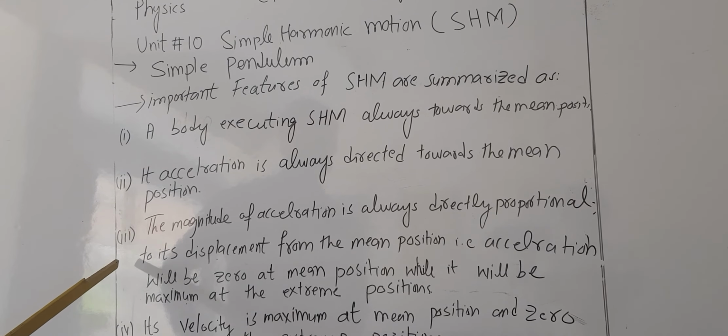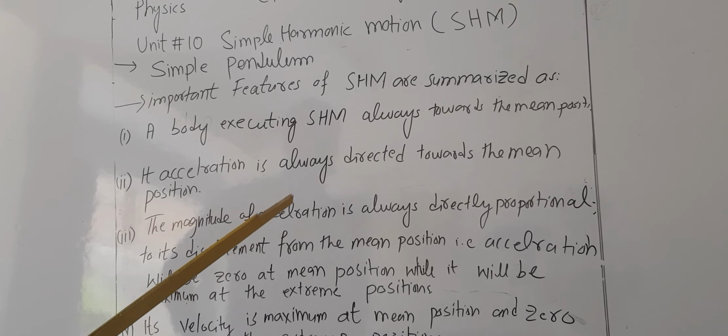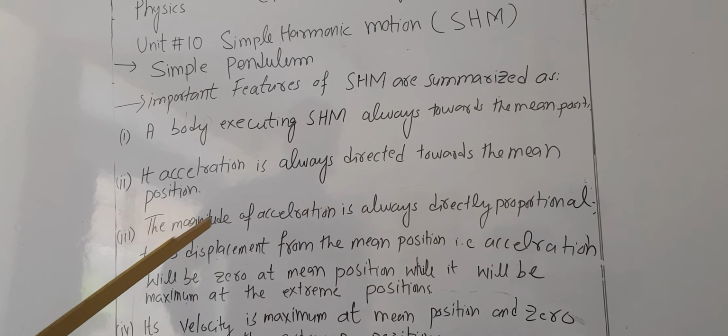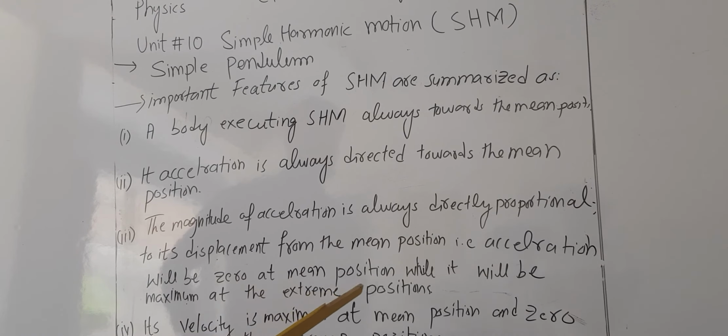The third point is that the magnitude of the acceleration is directly proportional to its displacement from the mean position, that is, acceleration is 0 at the mean position and maximum at the extreme positions. The fourth point is that its velocity is maximum at the mean position and 0 at the extreme positions. Thank you.